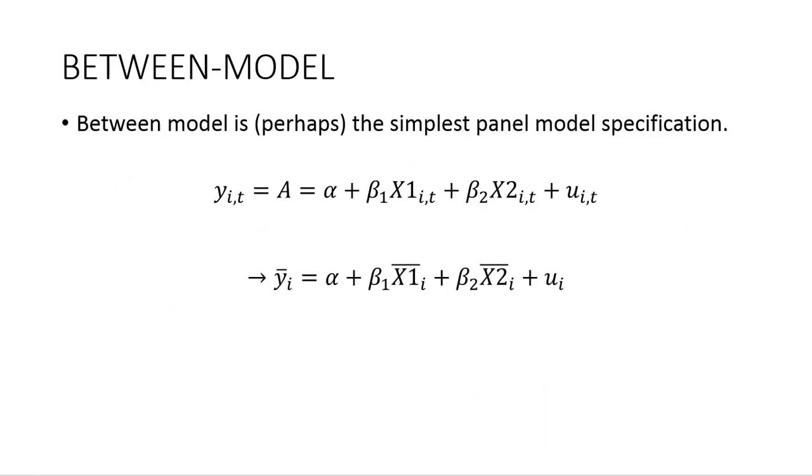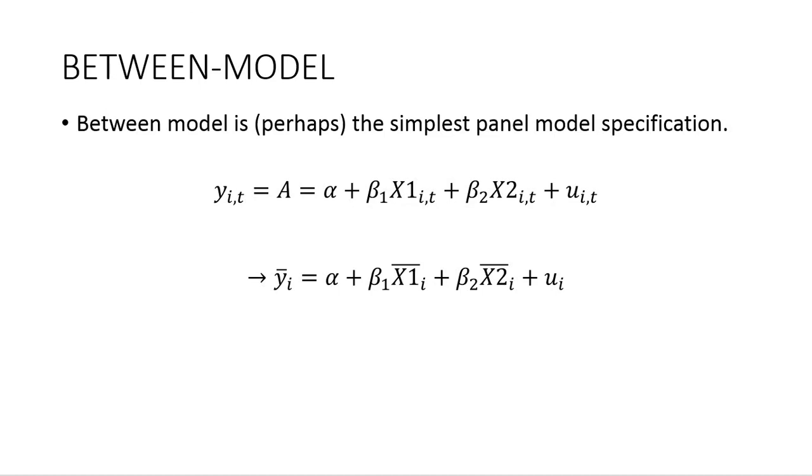Another possible and relatively simple option is estimating the between model, which is perhaps the simplest panel model specification. So how do you technically estimate the between model? If we analyze 10 countries for 10 periods, then for each country you calculate the average value for the entire period.